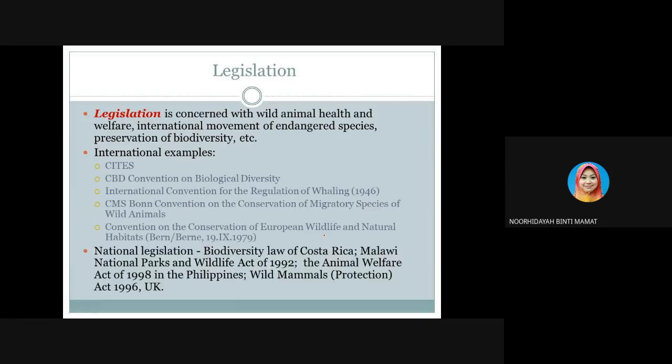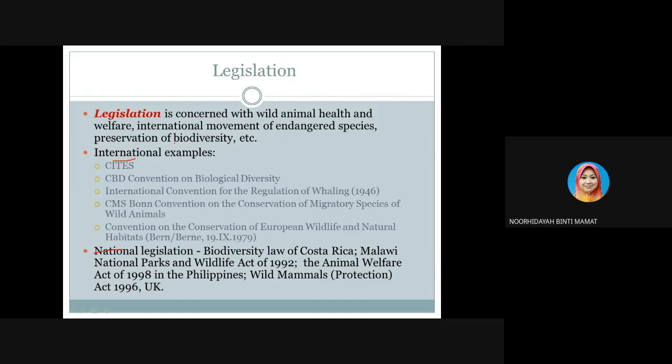So most areas of wildlife welfare are covered by some legislative background, either by international bodies or national legislative bodies. Animal health and welfare, international movement of endangered species and preservation of biodiversity are among the subjects covered in the legislation of the animals.